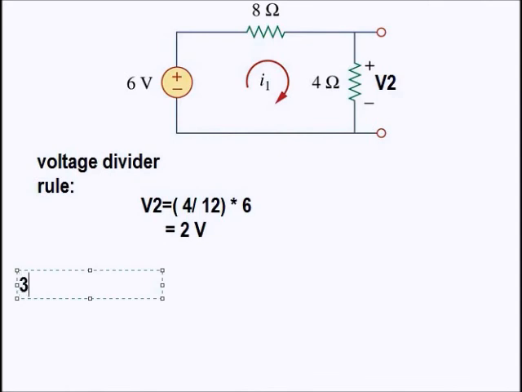Step number 3: you need to total the contributions of voltage. So V total, this is step number 3, equals V1 plus V2.